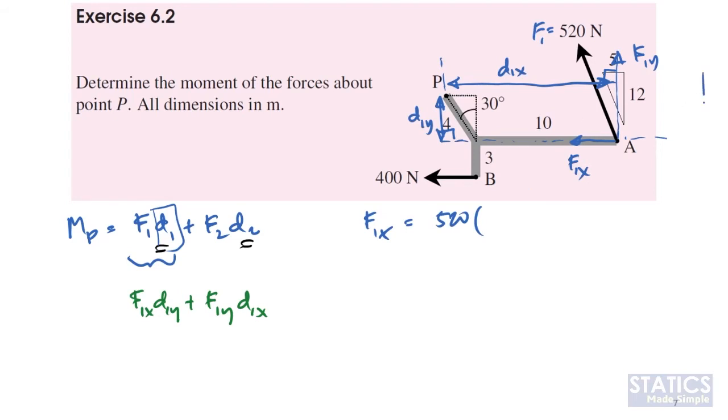So we have a triangle like that: 5, 12, and here is 13. This is a typical right angle triangle.